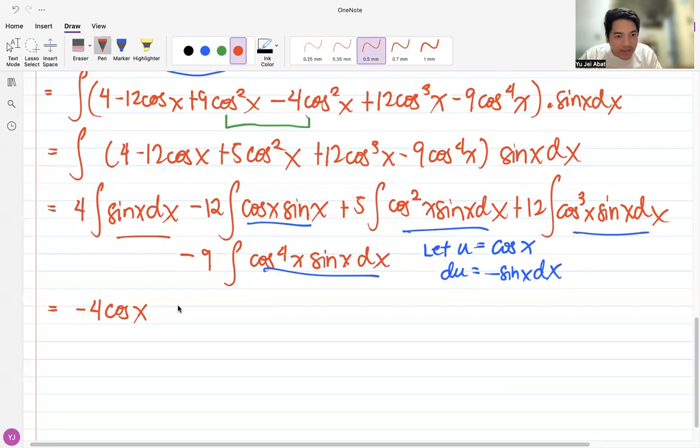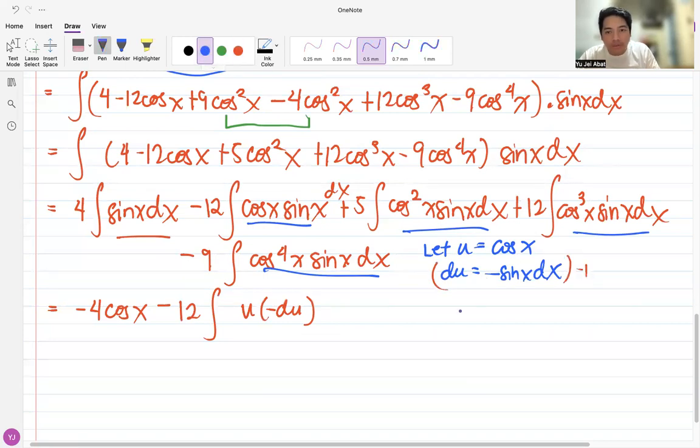So in doing that, we have this negative 12 integral of cosine, which is u. We have dx here also, so that would be negative du, because if we multiply this by negative 1, we'll be getting a negative du equals sine of x dx. So that's negative du.